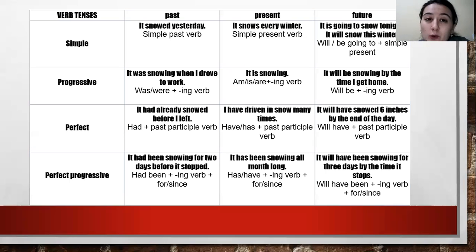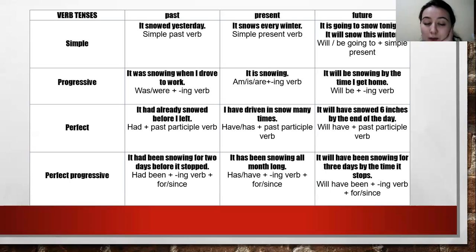So perfect progressive. So past perfect progressive. This means that three tenses are joined here. The action was continually done for some period of time in the past. Here, in order to show this kind of action, we will need past perfect progressive or past perfect continuous.